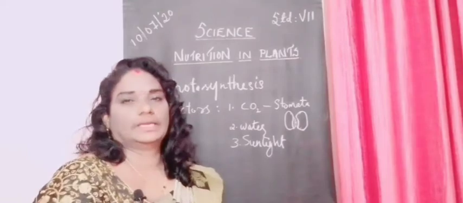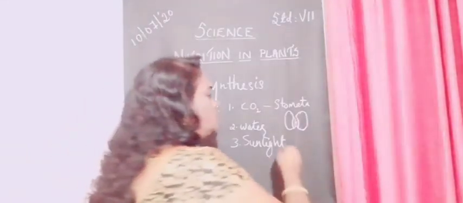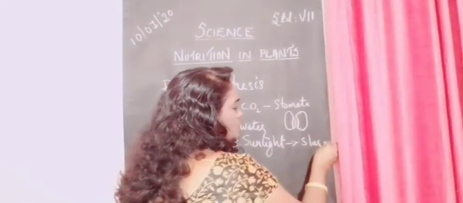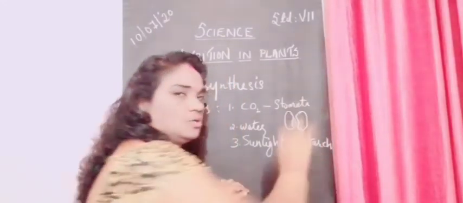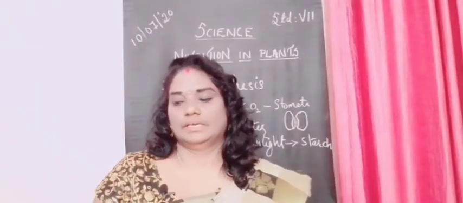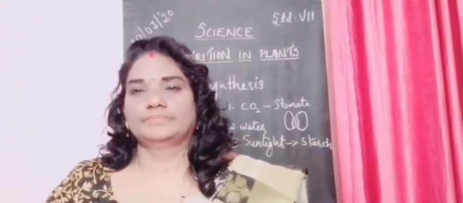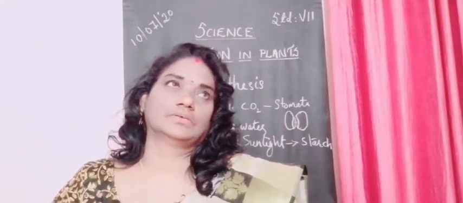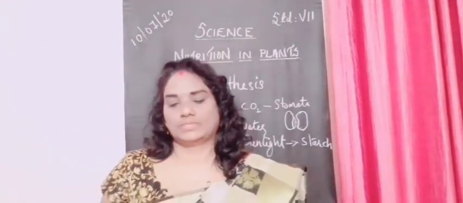The food they prepare is in the form of starch or glucose. Thus, through photosynthesis, plants prepare starch or glucose.